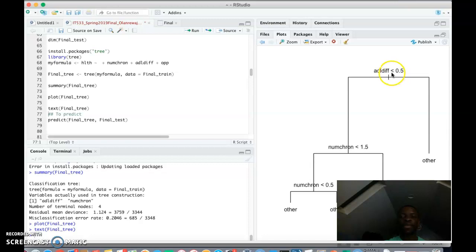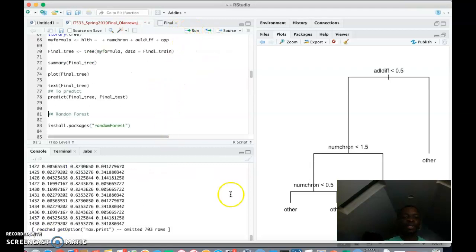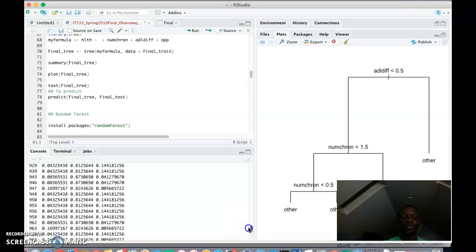And we see the hard-leaf value is less than 0.5 and the numcrom is less than 1.5. So there's a better relationship between hard-leaf and other variables in the variable HLTH. So now we predict it and we came out with this. Voila.